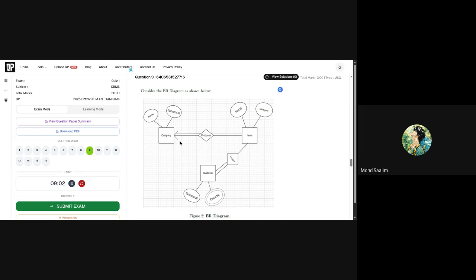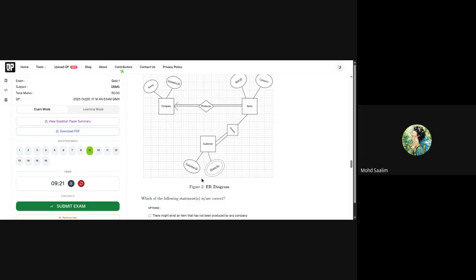And this arrow is showing that the cardinality from the company side is 1 and no arrow means the many. This means company and items have this produces relationship which is one to many relationship with full participation on both sides, right? You should understand what this double oval is denoting. Can someone tell me what this is denoting? Multivalued attribute, right? Yeah.